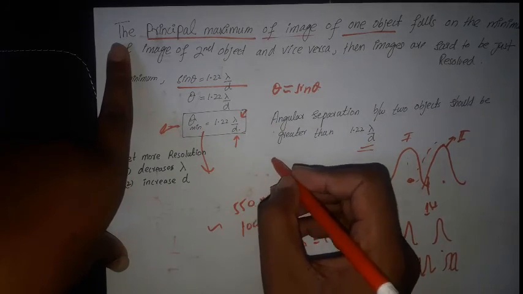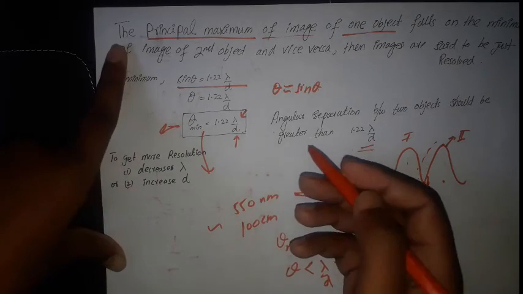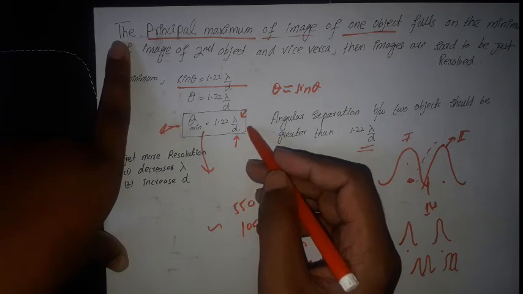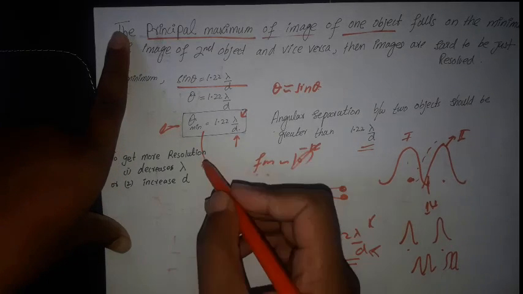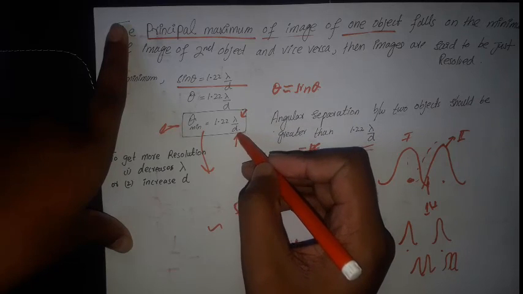Ordinary light has a wavelength of the order of nanometers, so we sometimes use x-rays or electrons, whose wavelengths are very small. To get more resolution, we need a smaller wavelength or a larger aperture.